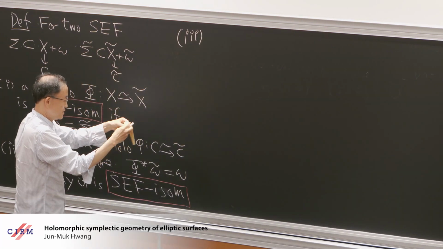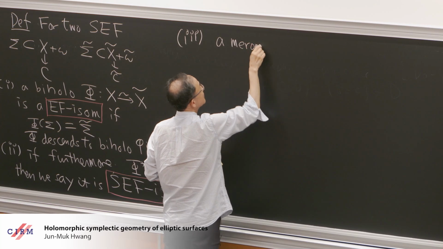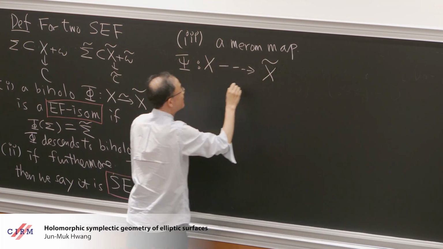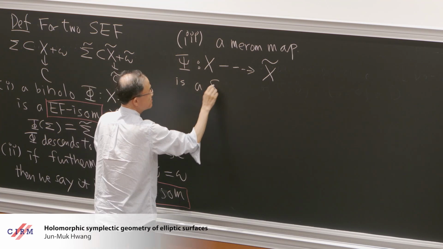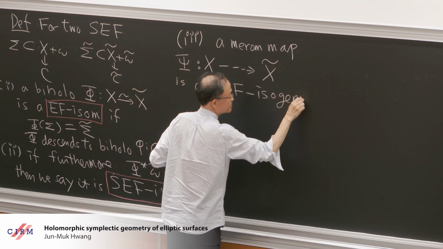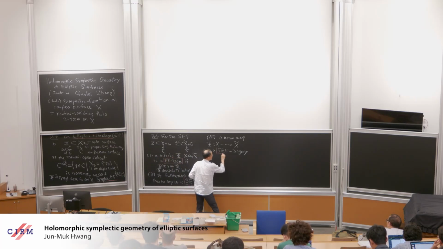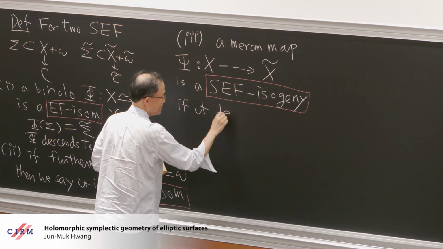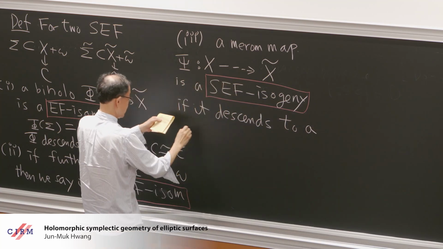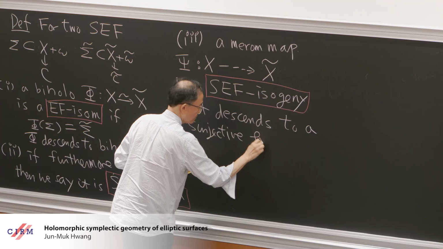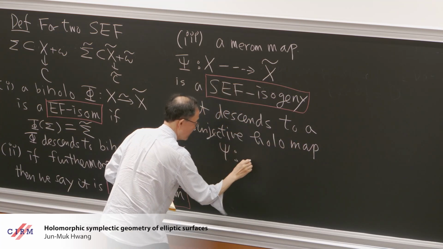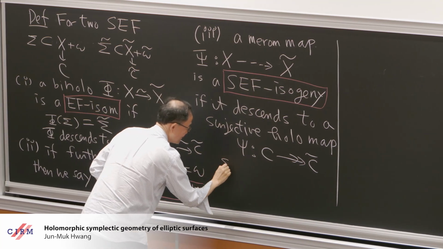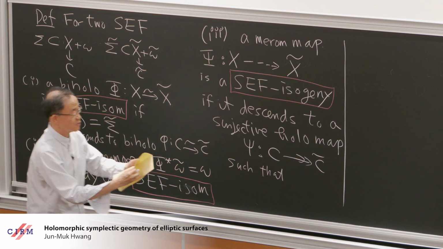A meromorphic map psi from X to X tilde is a symplectic elliptic fibration isogeny, which is the terminology I'd like to define, if it descends to a surjective holomorphic map, such that the following holds. Let me draw some pictures to help.